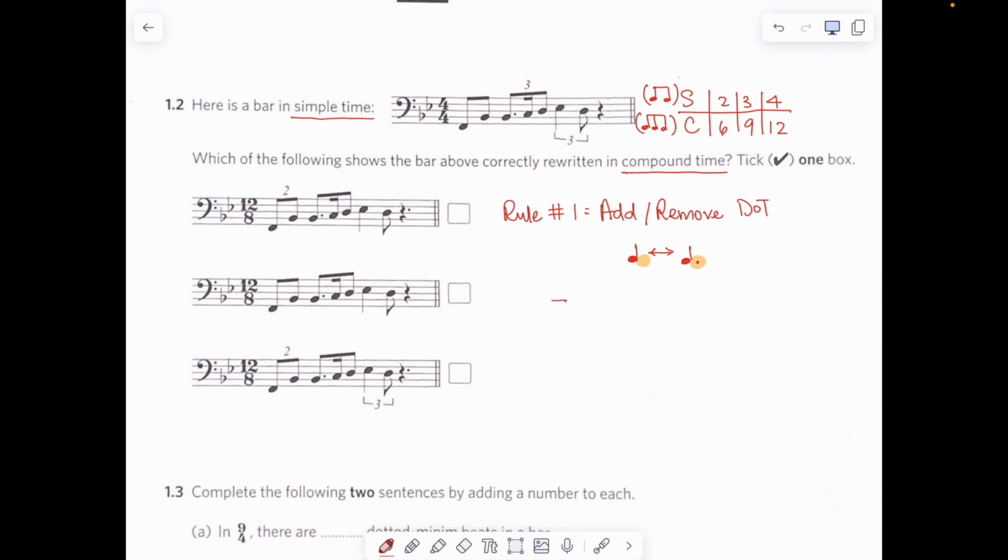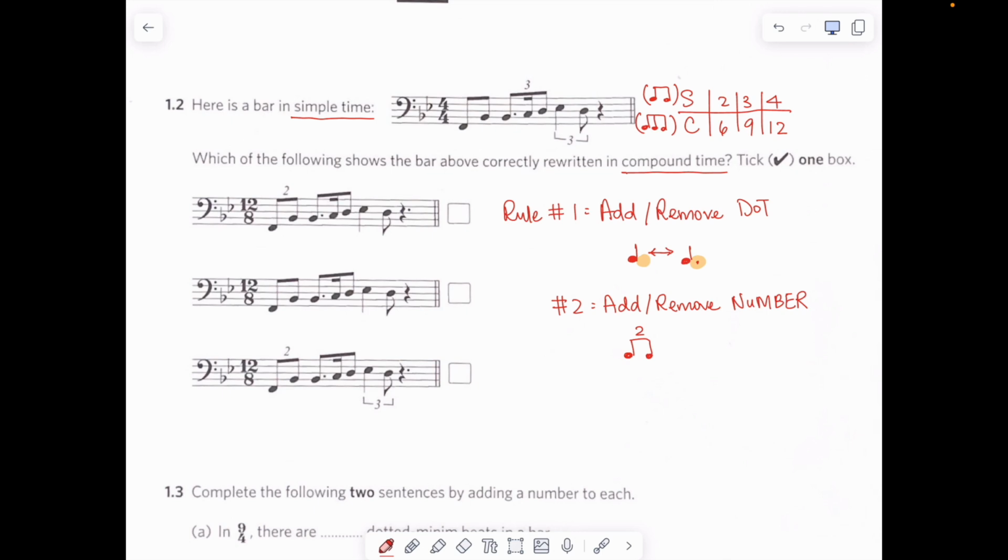Now, rule number 2 is very similar. You have to add or remove a number. What is the number that I'm referring to here? For example, if you have 2 quavers, it just means 1 crotchet, right? However, if there's a number 2 at the top, it makes it into a duplet.